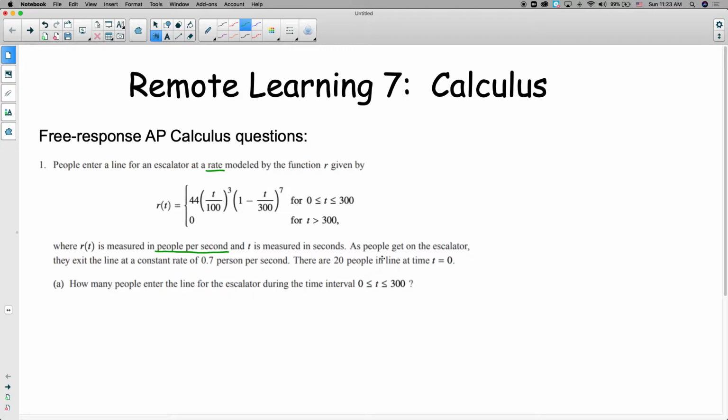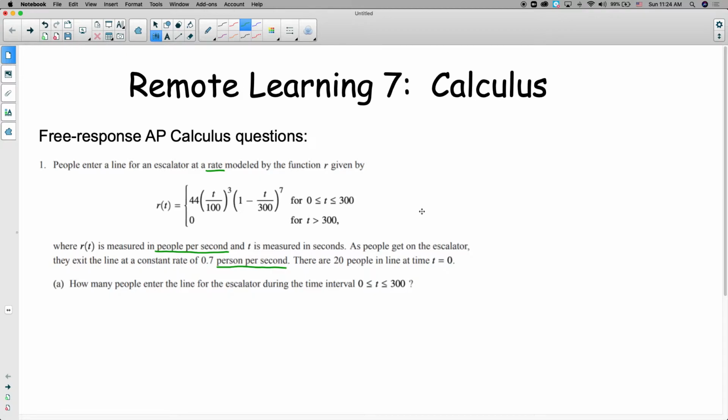And then as people get on the escalator, they exit the line. So they wait to get on the escalator. They get on the escalator. So they're exiting the line, and they're exiting the line at 0.7 people per second. And so that's also a rate. And I guess this constant makes sense because the escalator moves at a constant speed and people are spaced in a consistent manner. Okay, meanwhile, there are 20 people in line at time 0.